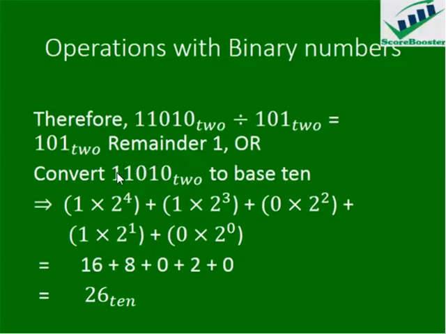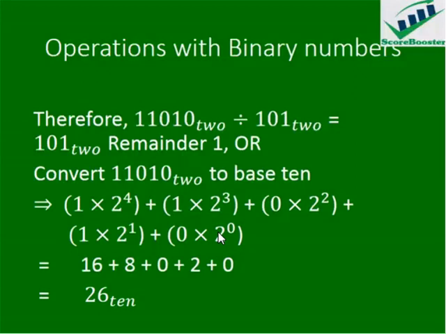So the first one is 1 multiplied by 2 raised to the power 4, plus 1 multiplied by 2 raised to the power 3, plus 0 multiplied by 2 raised to the power 2, plus 1 multiplied by 2 raised to the power 1, plus 0 multiplied by 2 raised to the power 0.